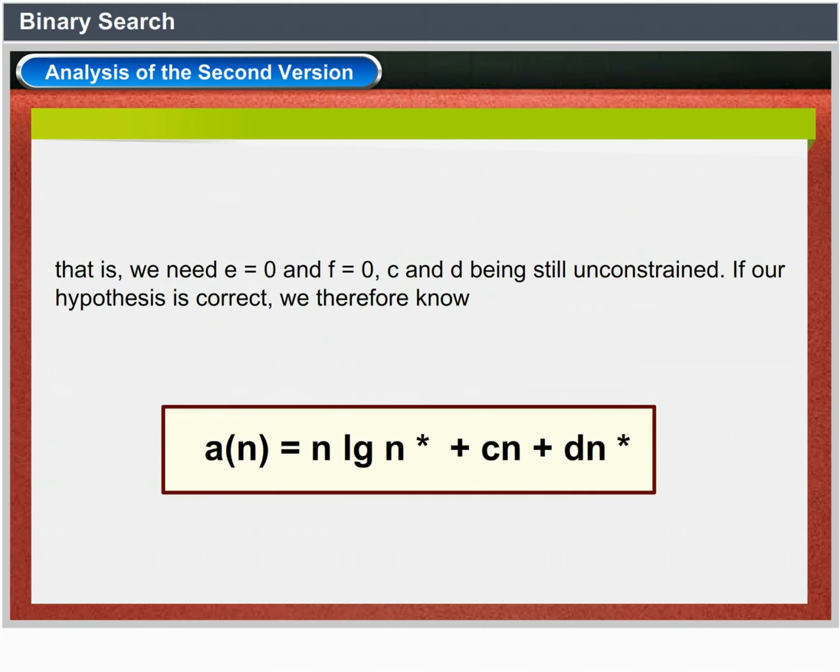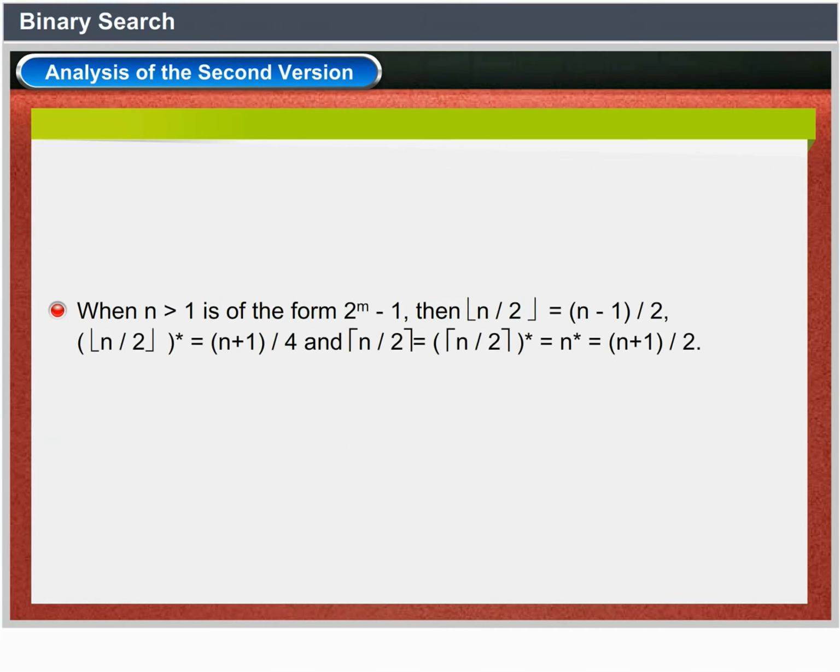When n > 1 is of the form 2^m − 1, then ⌊n/2⌋ = (n−1)/2, (⌊n/2⌋)* = (n+1)/4, and ⌈n/2⌉ = (⌈n/2⌉)* = n* = (n+1)/2.